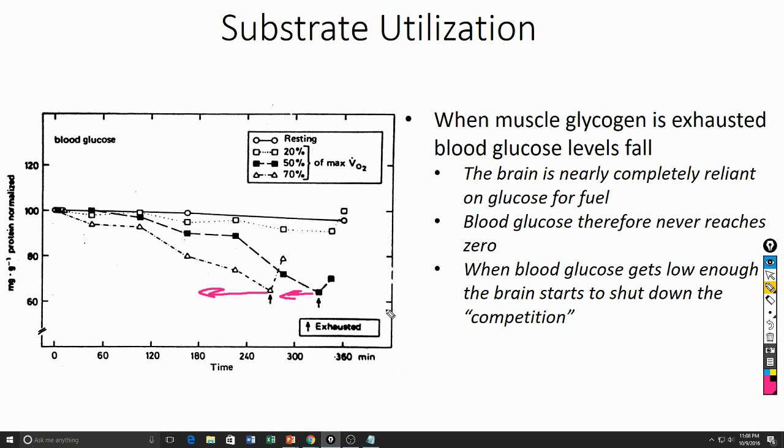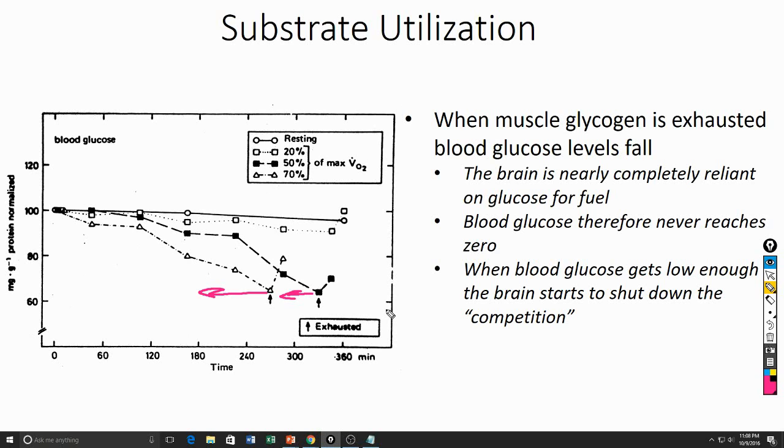They almost have no other capacity to generate energy, and if you deplete glycogen, if you deplete your blood glucose levels enough, what's going to happen is your blood glucose gets low. Your brain starts essentially saying, hey, if you keep doing this, I'm going to run out of fuel. And if your brain runs out of fuel, you die, of course.